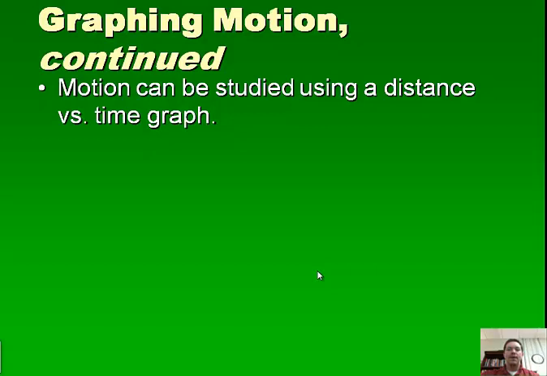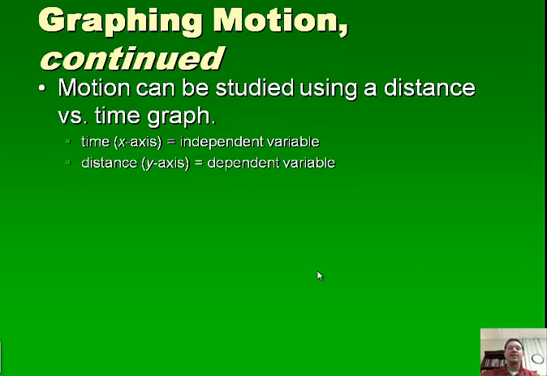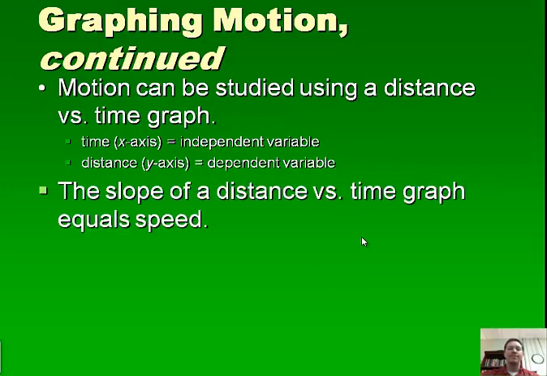We're going to study motion by using a distance versus time graph. Time is on the x-axis. We also say this is the independent variable. Distance is on the y-axis. This is the dependent variable, and it depends on what time is doing.